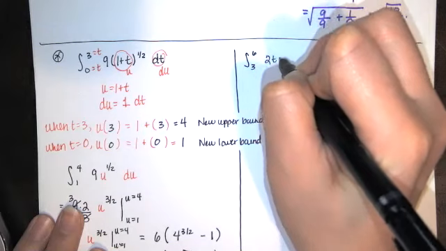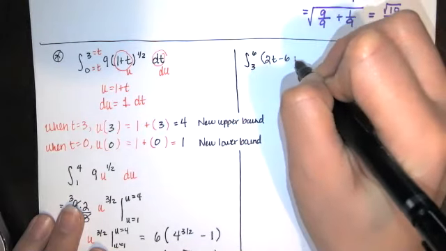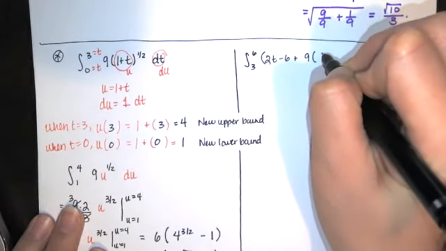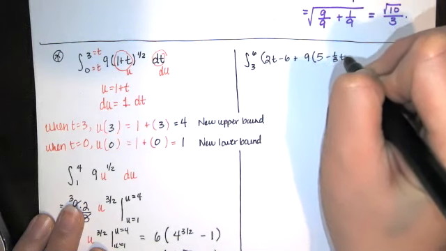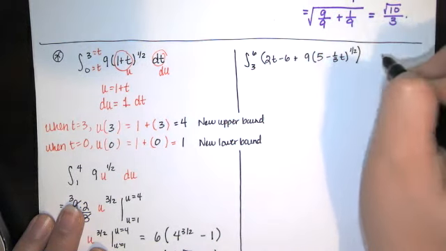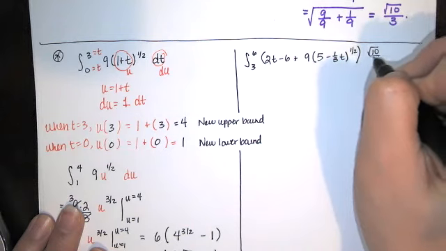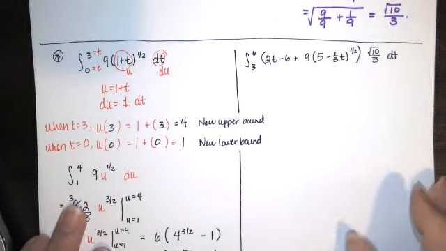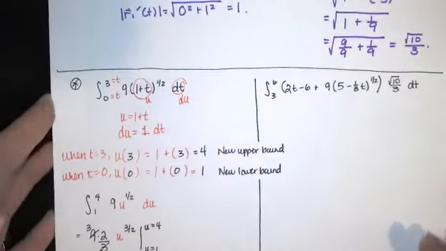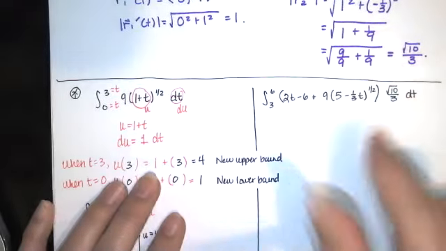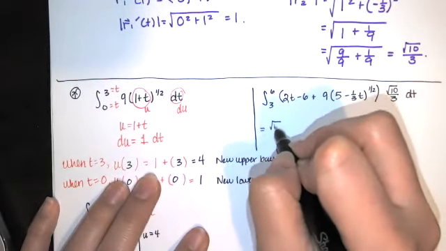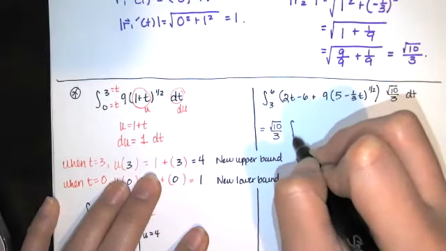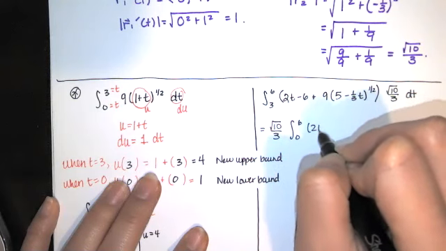And I would probably distribute the 2. And now we just need to evaluate this integral. I would factor out the square root of 10 over 3. Maybe do this first piece first.